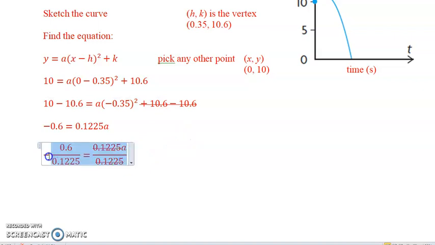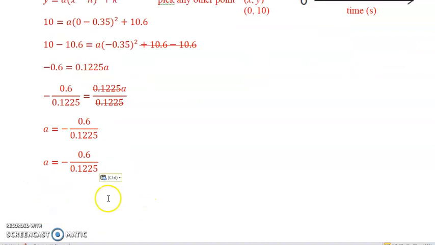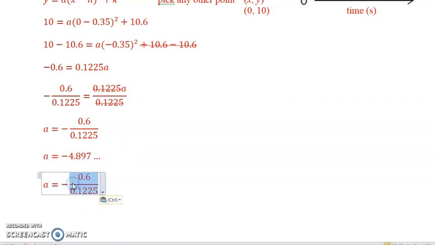We're left with a equals. I like to put a on this side, so I can just swap the sides. I get rid of all that, and I just take the two numbers and divide them. And I get negative 4.897. Any of you taking physics, you're seeing this number at the beginning of a lot of your quadratics, and I'll let your physics teacher tell you why.